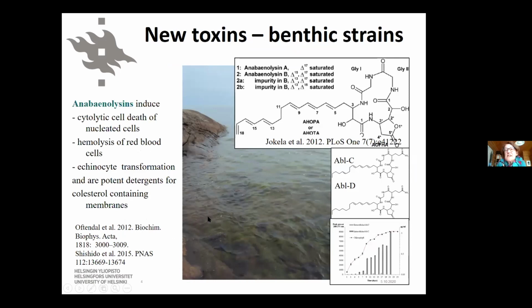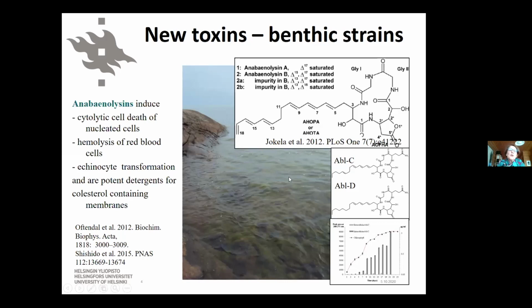Again, it is a cyclic peptide with a very long fatty acid tail. And now we know at least four different molecules of these compounds. When we were cultivating them, we saw that most of the toxins are kept inside the cells. The same is true for microcystins.